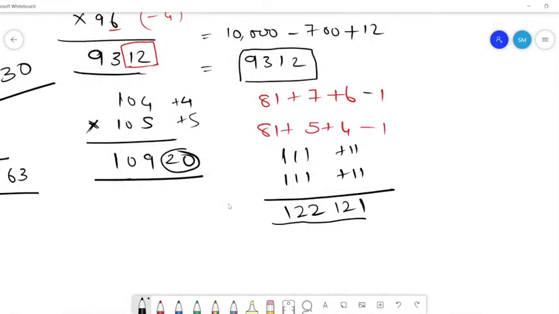So if I add the unit digits 1, 1 like we did earlier, I get 2. Then I multiply 1 with 1, and that is my unit place 1. Then I multiply 11 with 11, 121. And then I add the digits at the unit place, 1 plus 1, so I get 123.